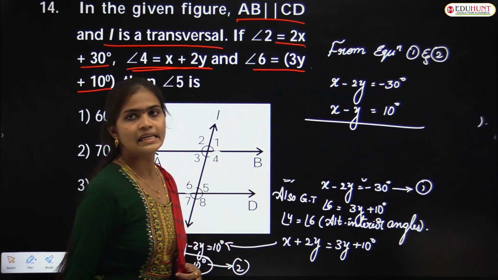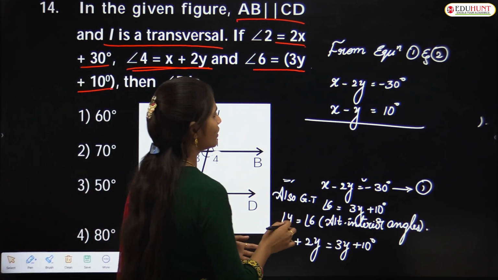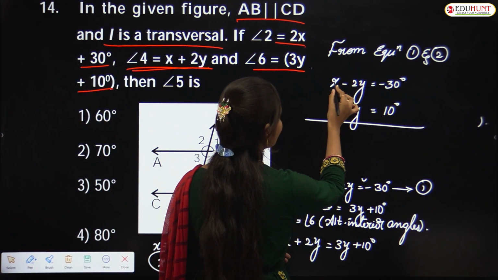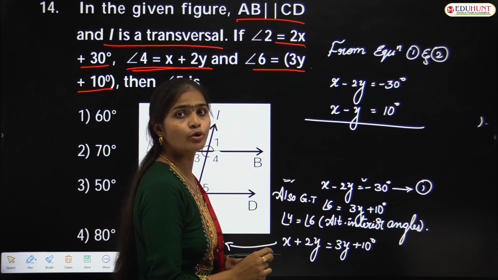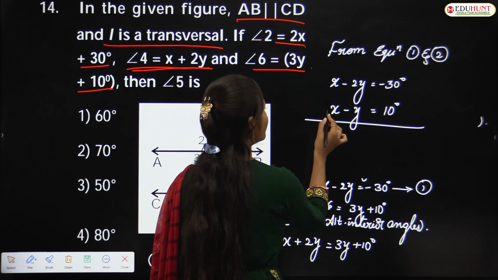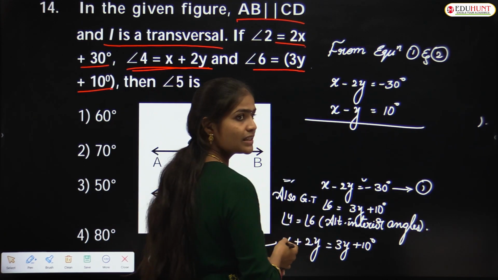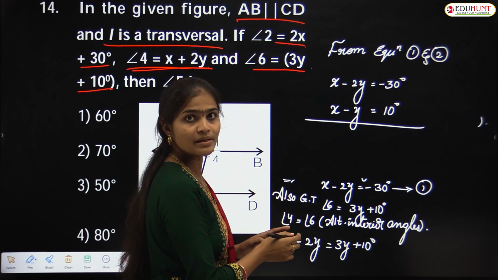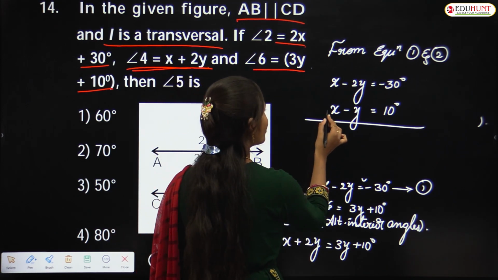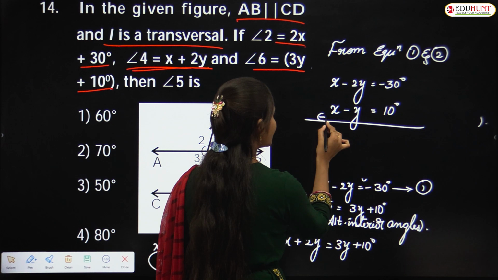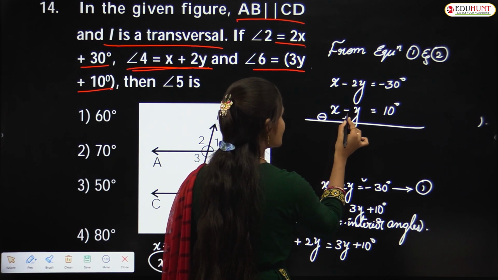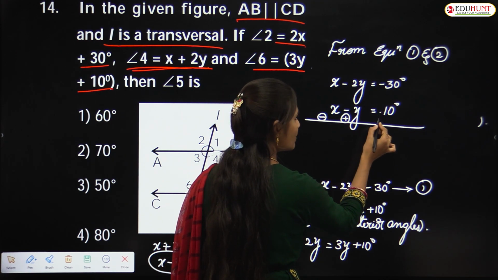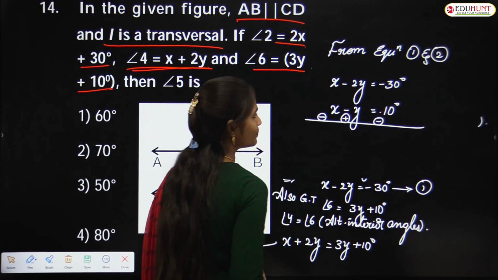Now take addition or difference. Here x and x are both there, so I am going to take the difference, subtracting by multiplying the second equation's signs with a negative sign.